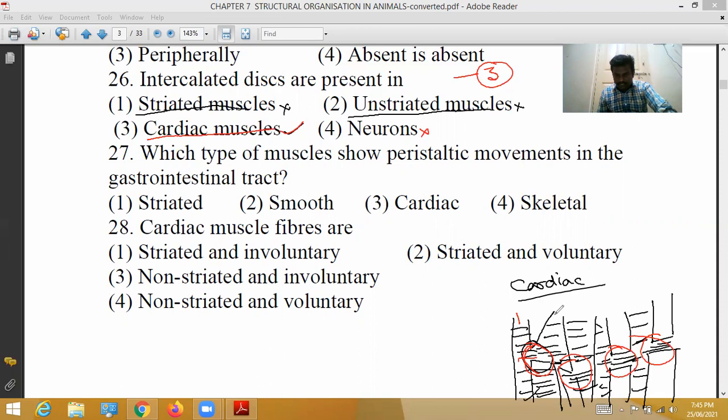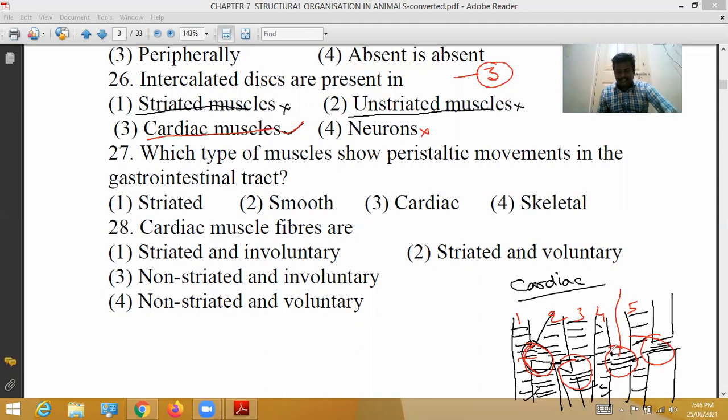It is one cardiac muscle, second cardiac muscle, third, fourth, fifth, like this way. They have both transverse and lateral partitions. These are called intercalated discs.